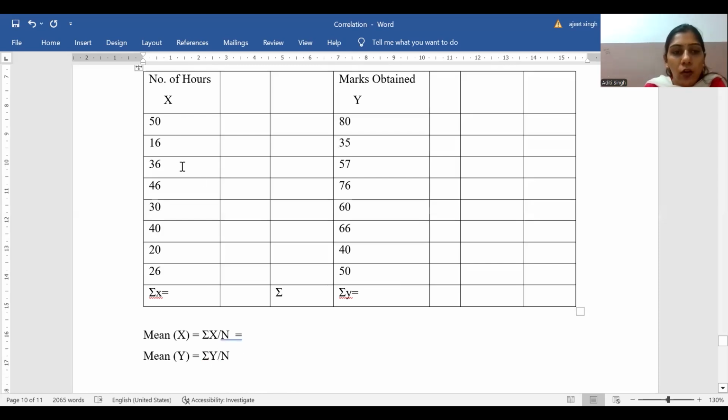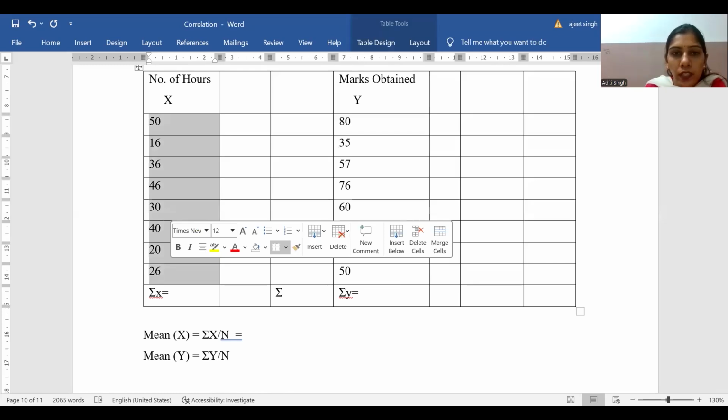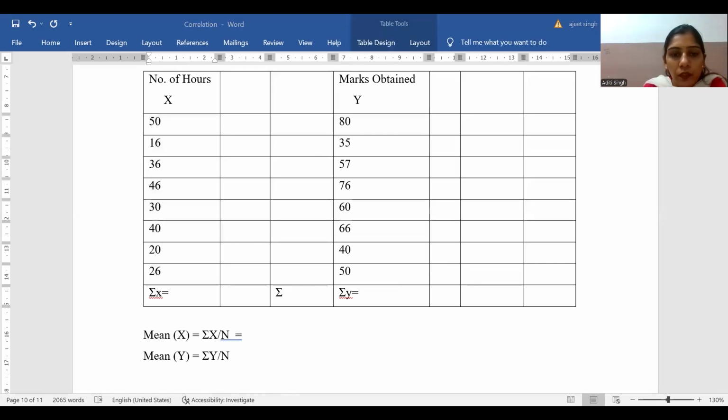Now let's add all the values of x. Let's calculate it with the help of calculator. 50 plus 16, then plus 36, plus 46 plus 30 plus 40 plus 20 and plus 26. So it is 264. Okay.